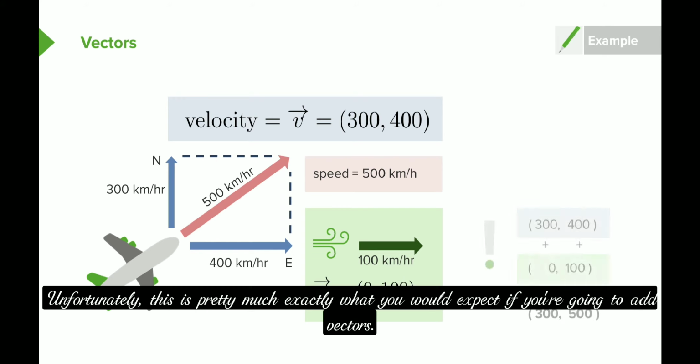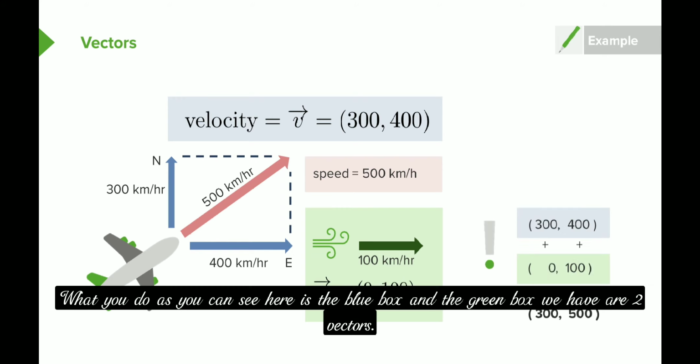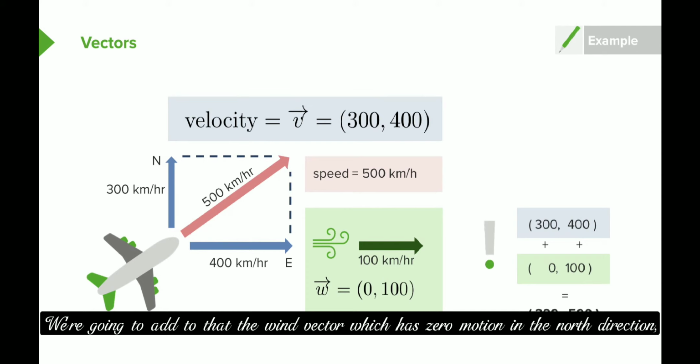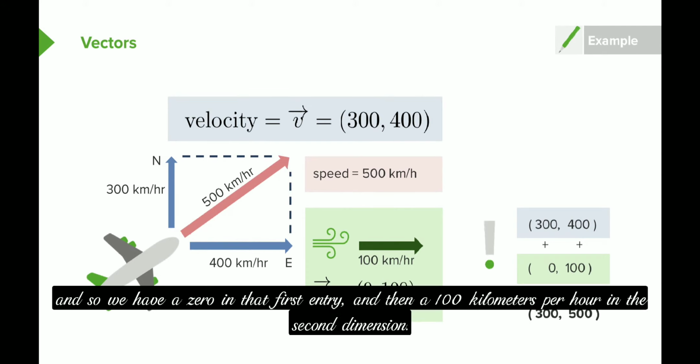Fortunately, this is pretty much exactly what you would expect if you're going to add vectors. What you do, as you can see here, is in the blue box and the green box we have our 2 vectors. One is the vector of the plane's original motion, the 300 and 400 kilometers per hour, north and east. We're going to add to that the wind vector, which has 0 motion in the north direction, and so we have a 0 in that first entry, and then 100 kilometers per hour in the second dimension.